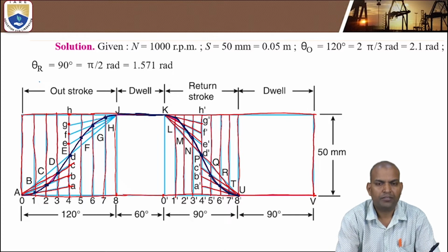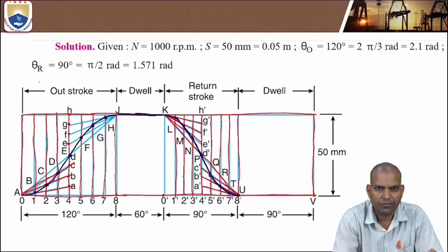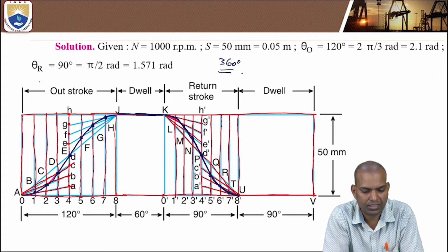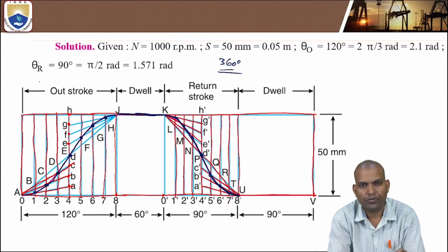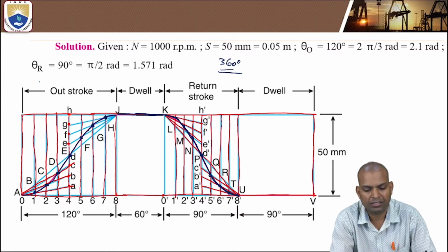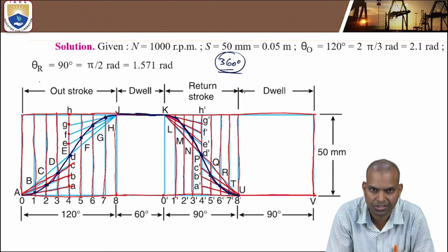Outstroke and return stroke happen in one revolution of the cam. One revolution of the cam equals how many degrees? 360 degrees. The summation of outstroke, dwell, return stroke and remaining dwell angles equals one revolution of the cam, that is 360 degrees.